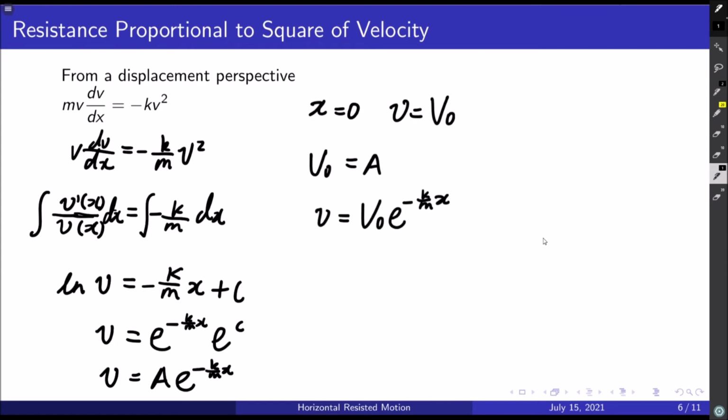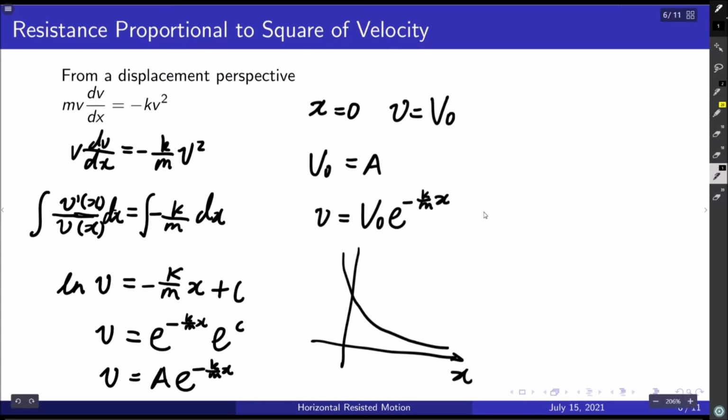This is the velocity in terms of displacement. If we want to graph it, you have v here, and it decreases as the displacement goes on.